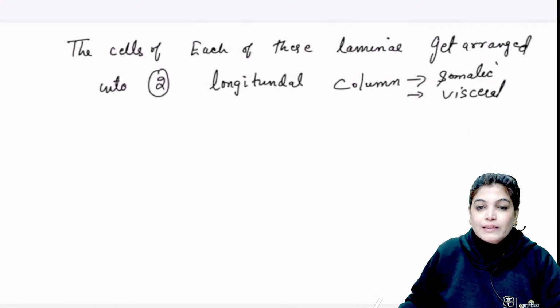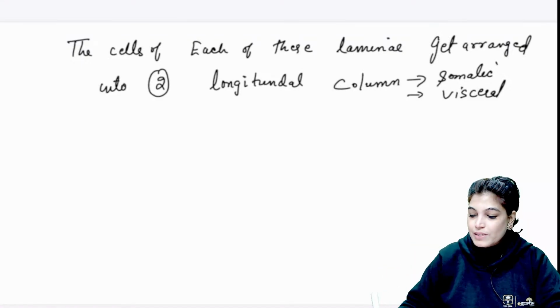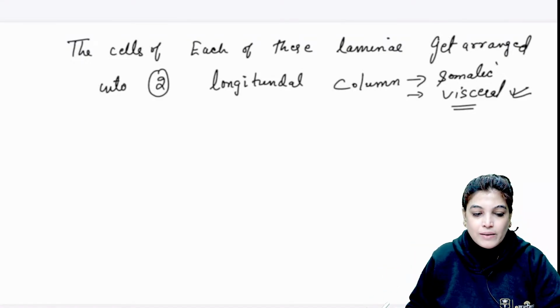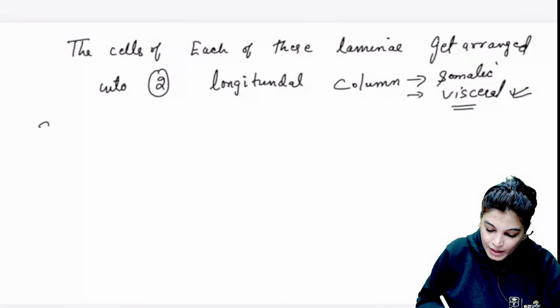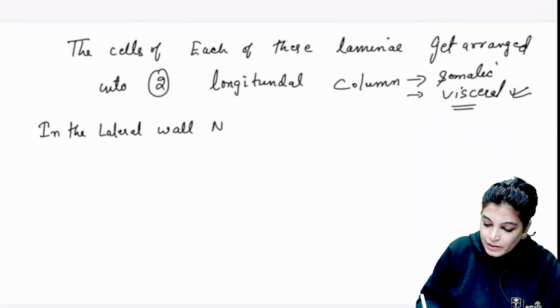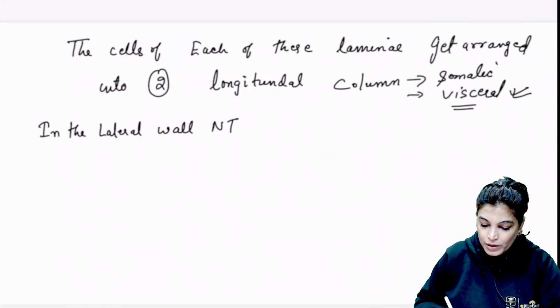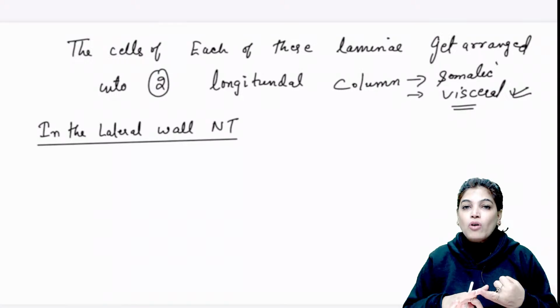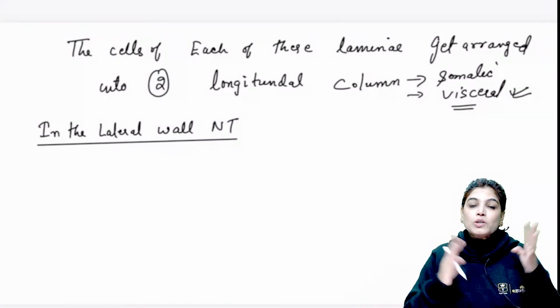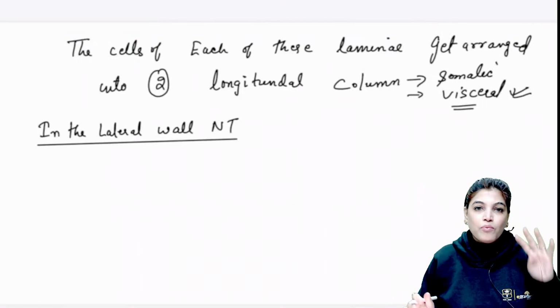Now, these two columns are arranged so that the somatic and the visceral will lie close to the sulcus limitans. So ultimately, the lateral wall of the neural tube, which will subsequently form the spinal cord, will form four functional components. Two will form in the alar lamina and two functional columns will form in the basal lamina. So till now there is formation of four functional columns.